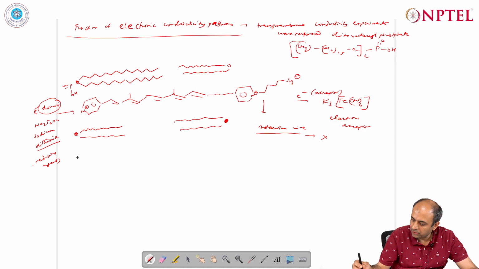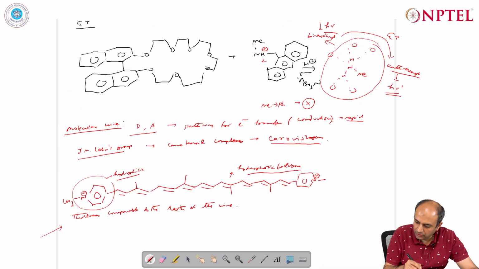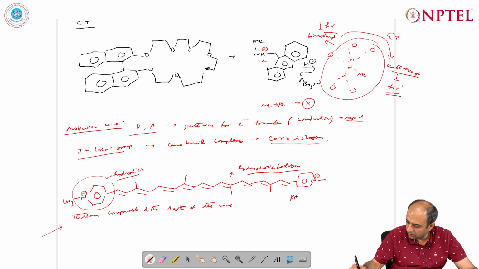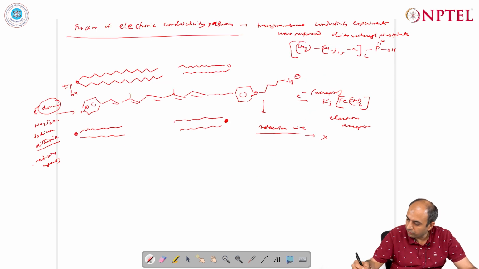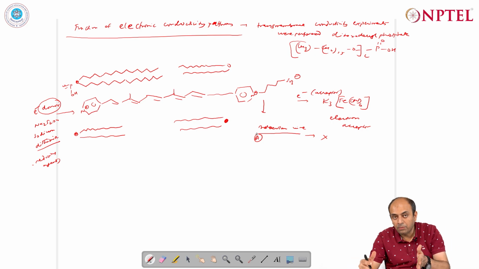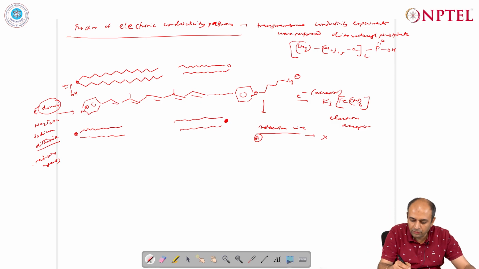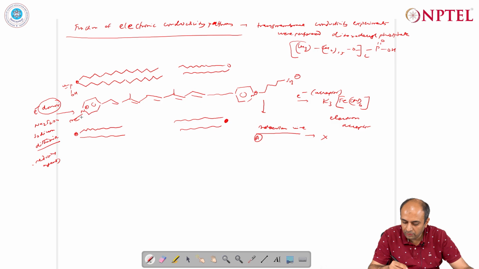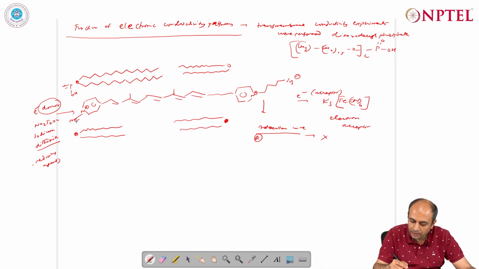So, if I take A only as the molecular wire, that means I only have the positive ends, the bipyridyl moiety where we have the methyl groups, then these positive charges will neutralize the negative charges on the phosphate, and therefore there will be no conductivity.